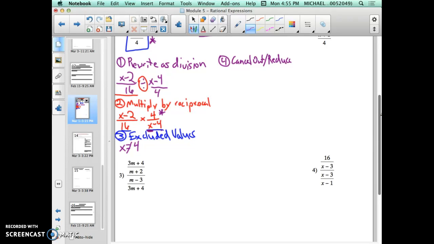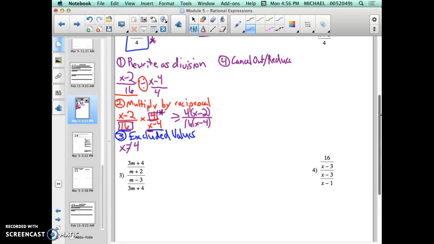There are no like factors. x minus 2 and x minus 4 are not the same. So all I can work with is this whole number 4 and this whole number 16. Let me rewrite this and clean it up and put the whole numbers first so it looks a little nicer. Please do this as well, and get in the habit of writing like this, putting whole numbers before the binomial factor. Over 16 is x minus 4.